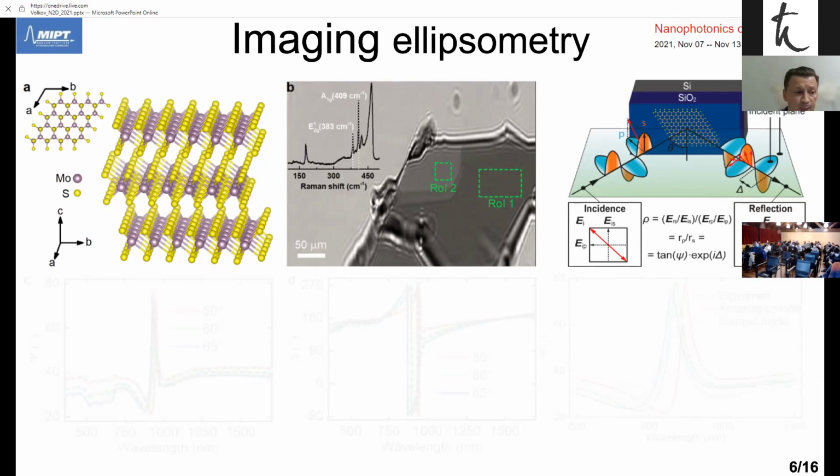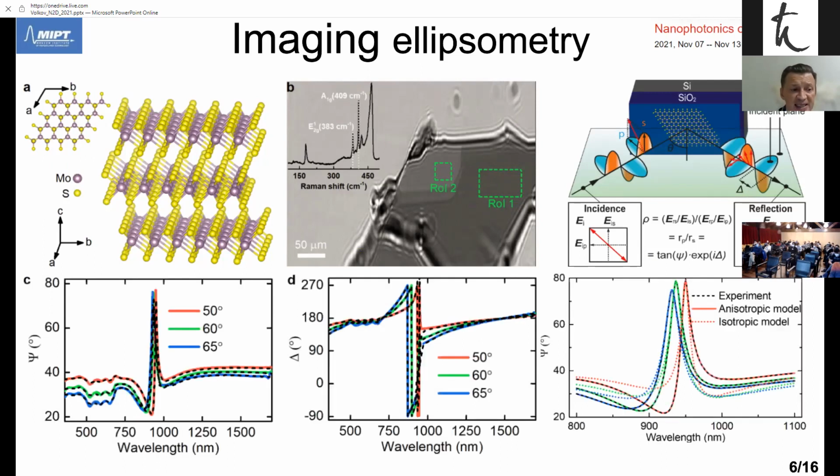Very important to keep in mind that all the flakes are placed on standard silicon substrates, and the presence of this silicon dioxide layer gives rise to interference of beams for ordinary and extraordinary rays, resulting in a pronounced peak in the ellipsometry spectra.